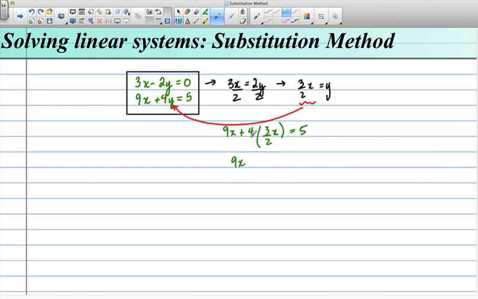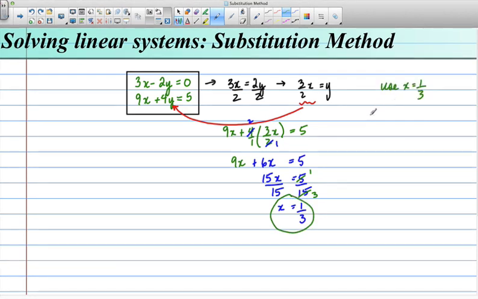So we have 9x, common factor of 2, plus 6x is equal to 5. 15x is equal to 5. Divide by 15, and careful here, we actually have 1/3, reducing to get 1/3.